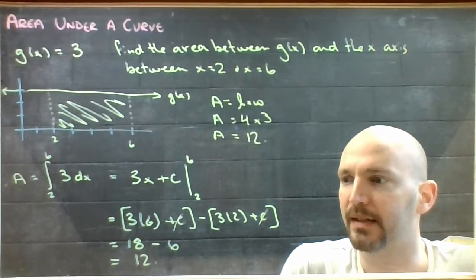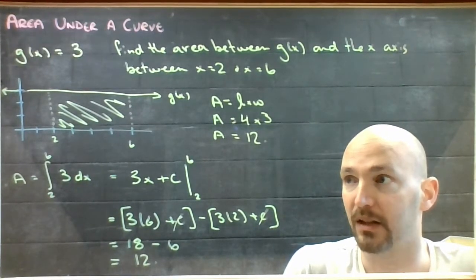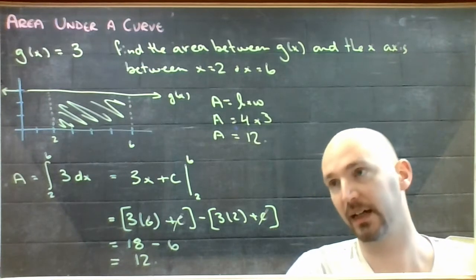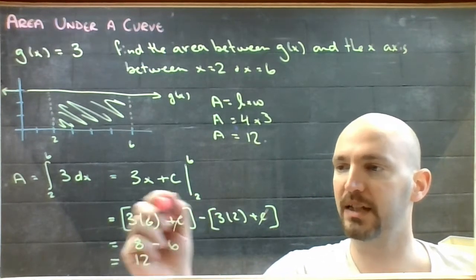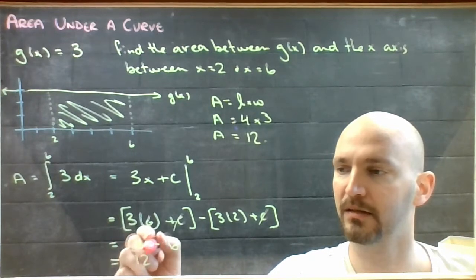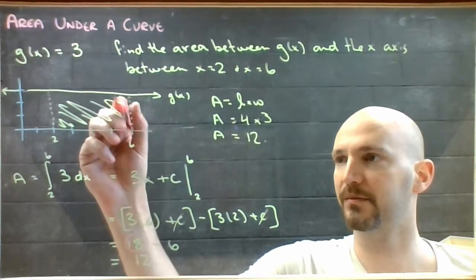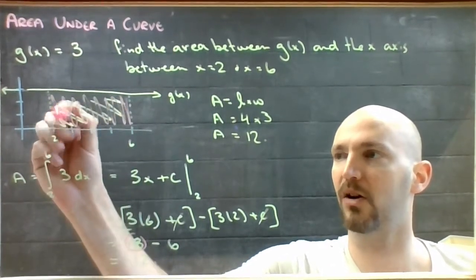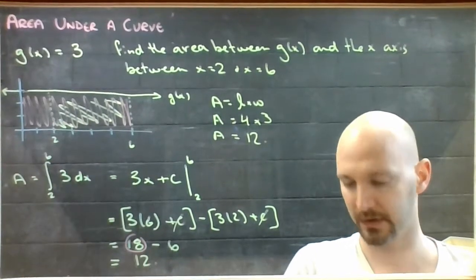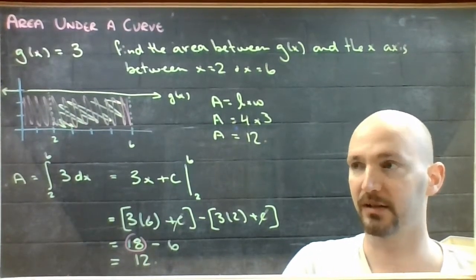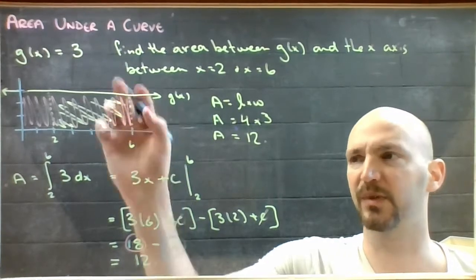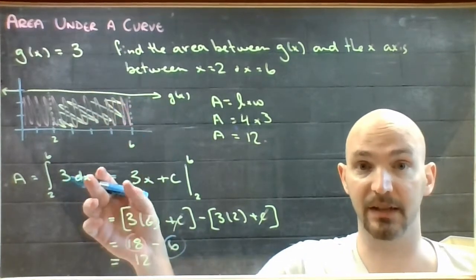So if you try and see what this little operation has done, this chunk here, 18, that was this area. Everything all the way up to 6. 6 wide, 3 high, that's 18 units.